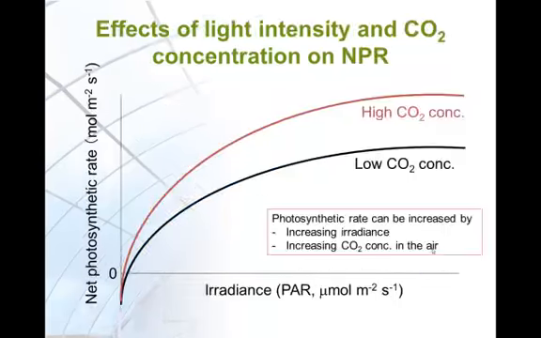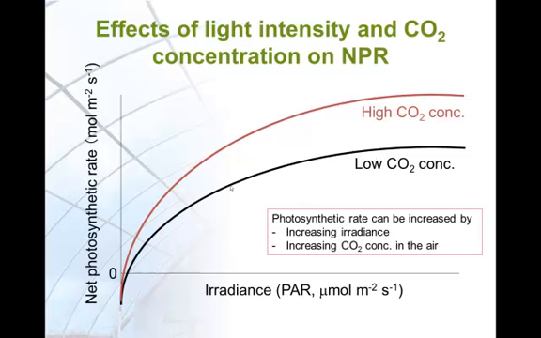This chart is showing the relationship between net photosynthetic rate, CO2 concentration, and irradiance. In one of the earlier presentations, we discussed how PAR affects net photosynthetic rate. So increasing PAR, or irradiance, light intensity, increases the photosynthetic rate under the same CO2 concentration.